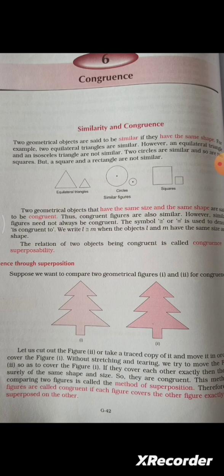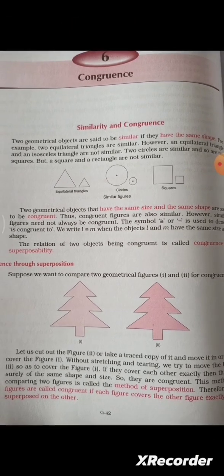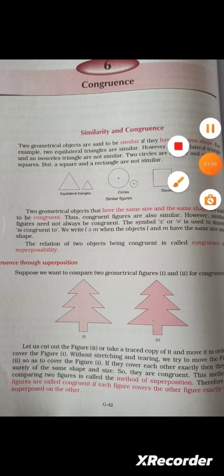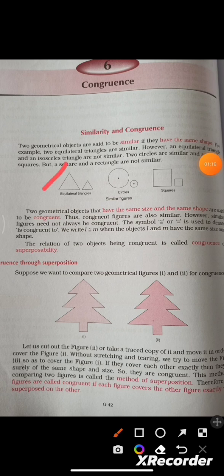First of all, let me introduce you to the concept of congruency and similarity. If you can see in your book, I have taken this page from your book only. You can also open it in your book. If you see these figures given in your book, these triangles have the same shape.